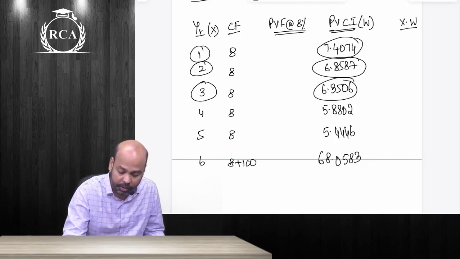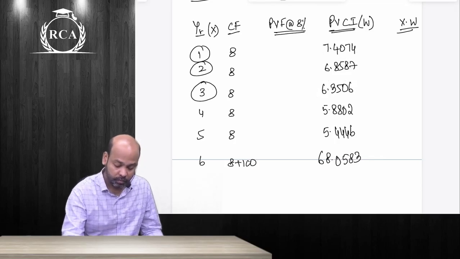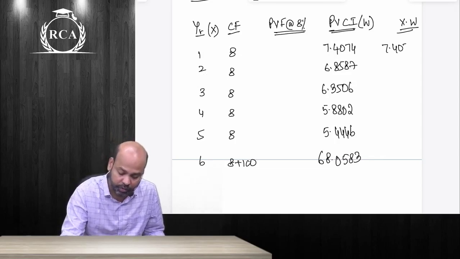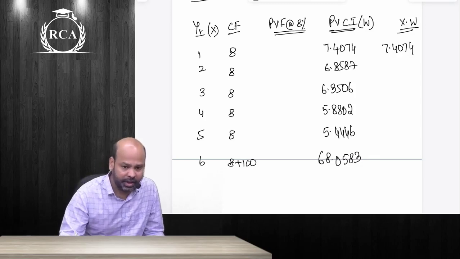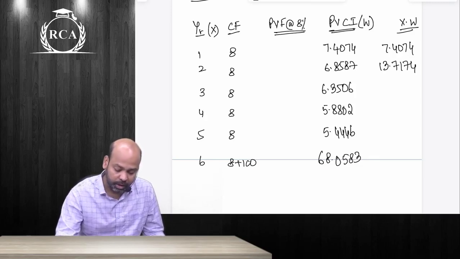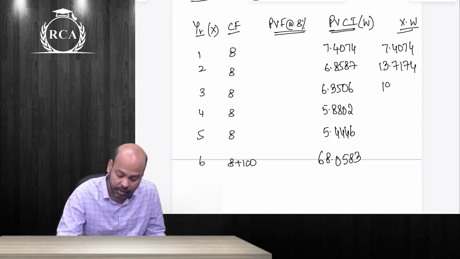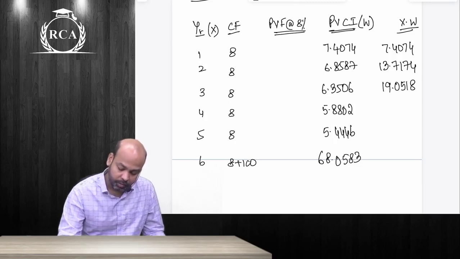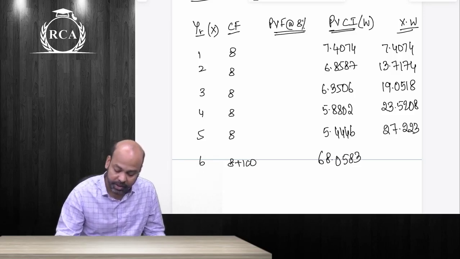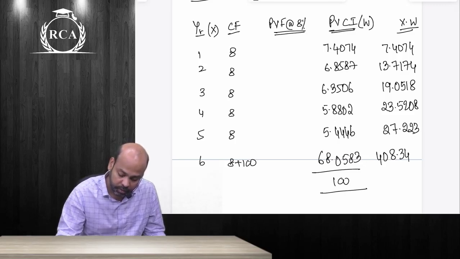Can you tell me what are the products now? 1 into 7.4074 is 7.4074. 2 multiplied by 6.8587 will be 13.7174. 3 multiplied by 6.3507 will be 19.05. 4 multiplied by this will be 24. 5 into this will be 27.22. 6 multiplied by 68.0583 is 408.3498.